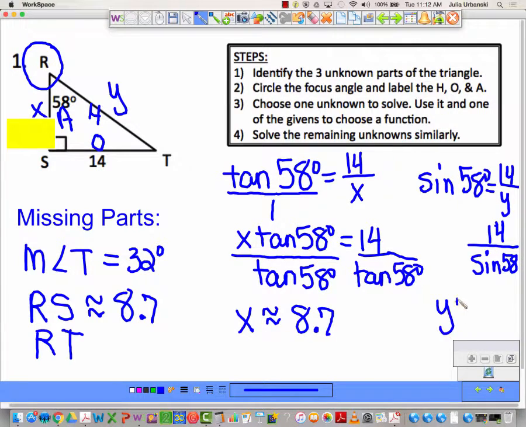And y will be about 16 or 15? 16? Point 5? Thank you.